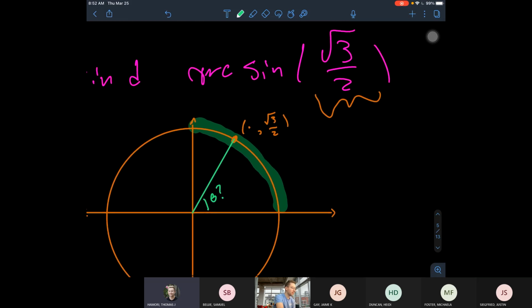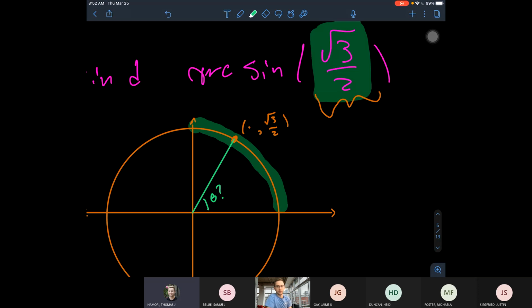Do you notice anything particularly interesting about the y value, square root 3 over 2? Does it look familiar at all? Yeah, I think Heidi's on the right train of thought here.